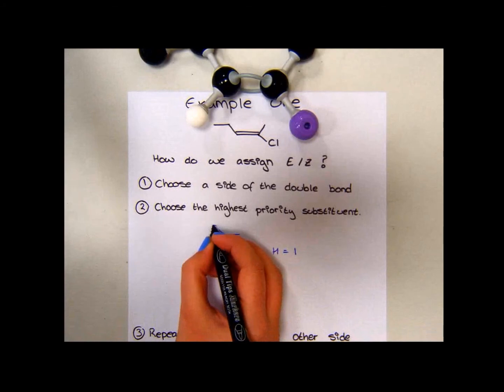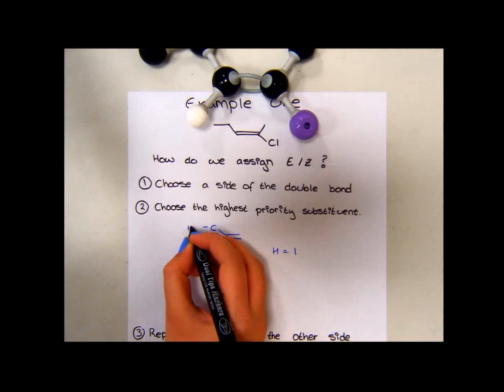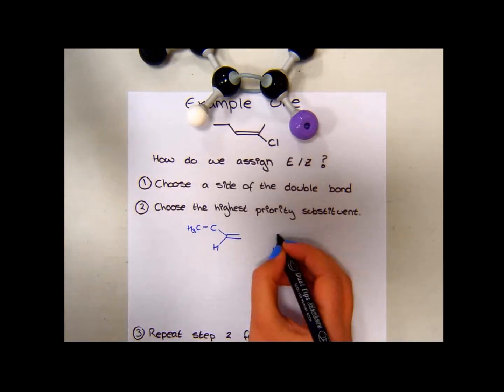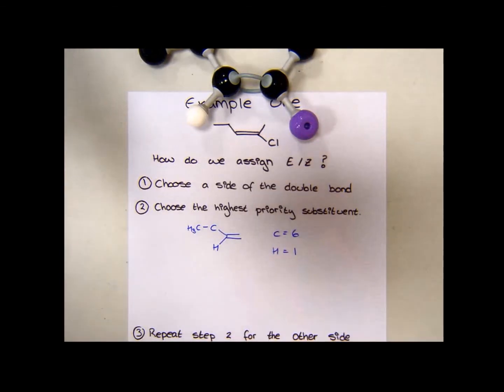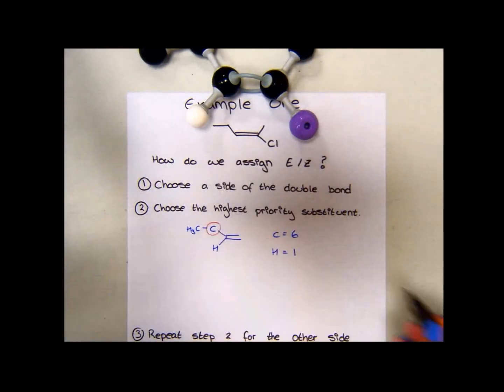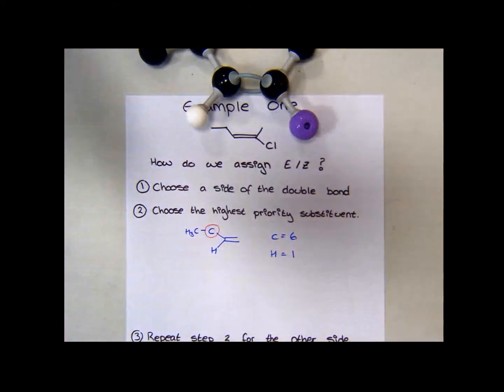And when we follow the bond up, we reach a carbon attached to a methyl, and this carbon here has the atomic number of 6. So the carbon will be the highest atomic number, and therefore it is the highest priority substituent. So we can give this a circle because this is the one we need.